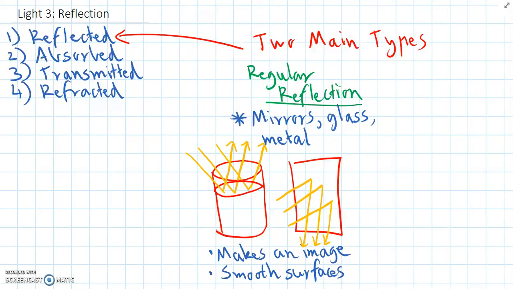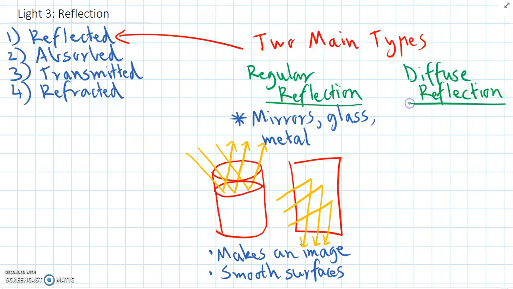But the other type of reflection, which is called diffuse reflection, actually happens more often than regular reflection. And this happens off basically every other object that's not a really smooth surface.